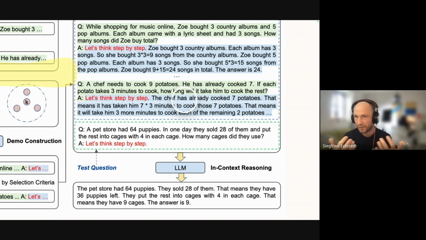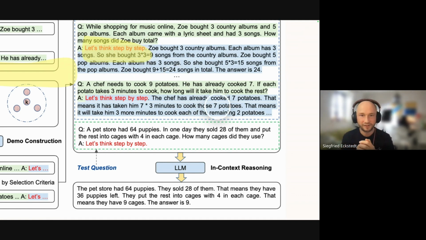So this is why it's called automatic, because there's a degree of automation in how you create the question answer pairs. And again, in red color, you see here, let's think step by step.